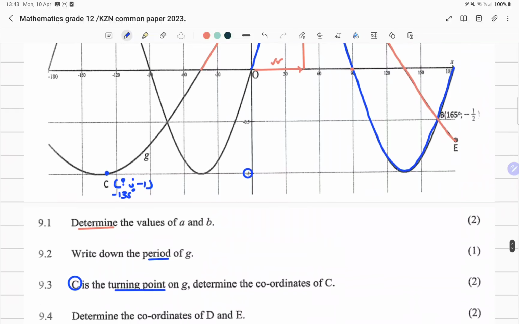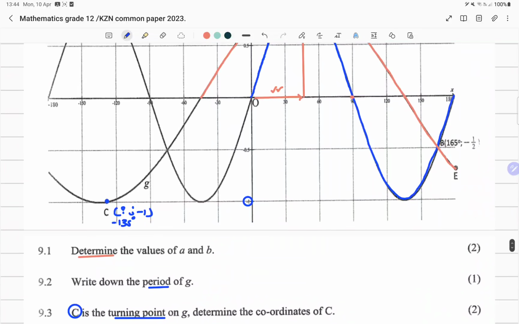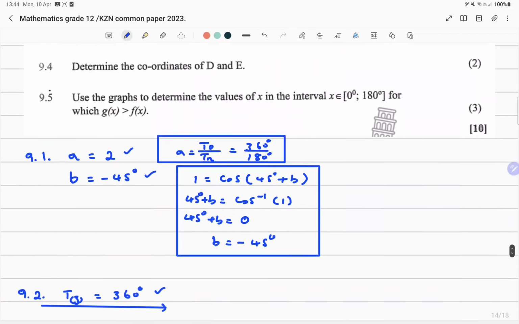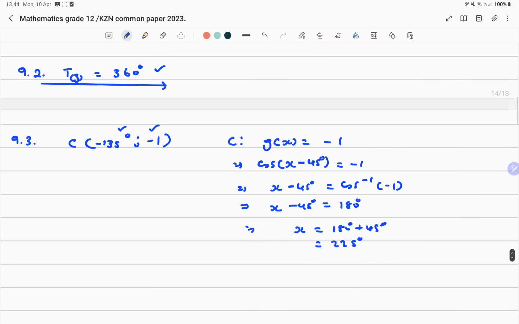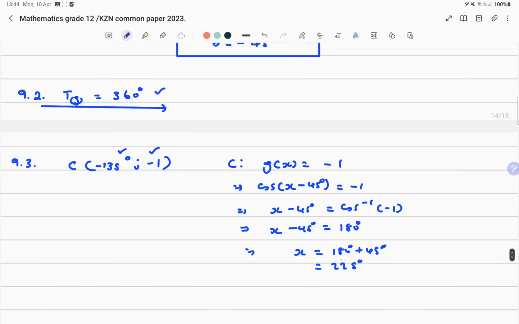But we can tell that no, this is not 225, because this is a situation in the third quadrant. It's still in the third quadrant if you think about it, but in terms of a negative angle, 225 is the same as minus 135, right? Because what do you do from that 225? You just take out 360.